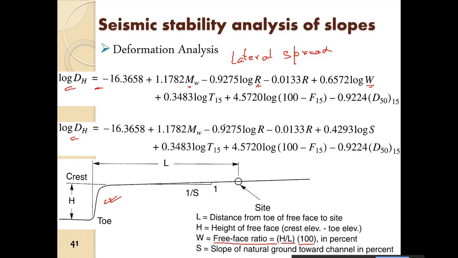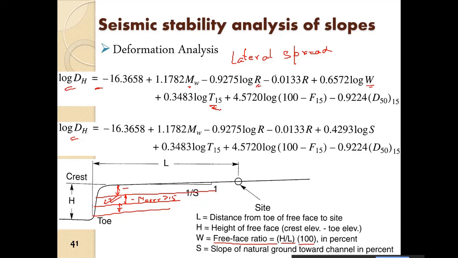And T15 is basically the cumulative thickness of the layers. Suppose this slope is composed of layers like this, and this layer has a corrected N value of greater than 15. Then the thickness of this layer will not be considered. And if these two layers have corrected N values less than 15, then this thickness plus this thickness is T15.